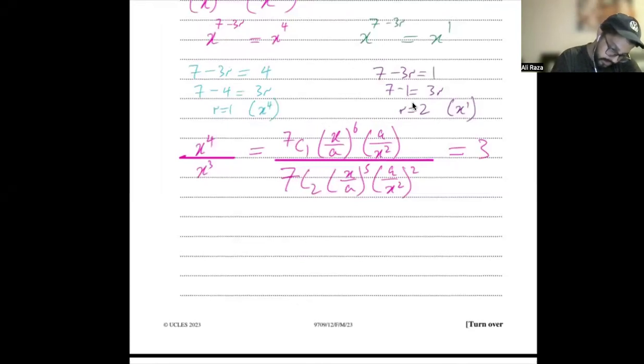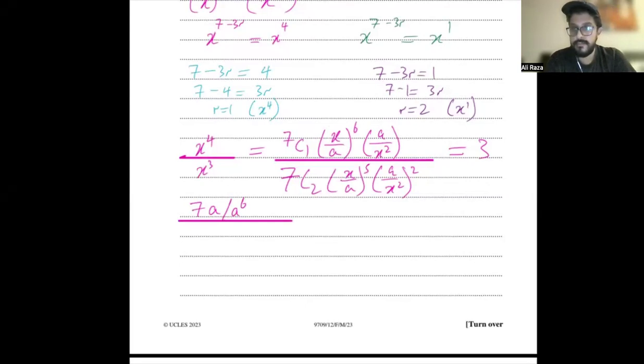7C1 would give me 7, and the numerator simplifies to 7a upon a power 6. 7C2 is 21.